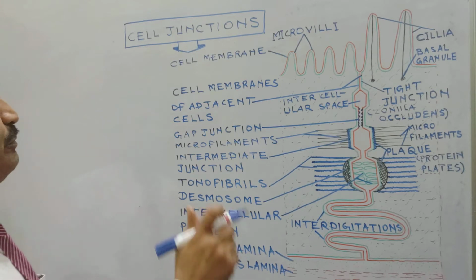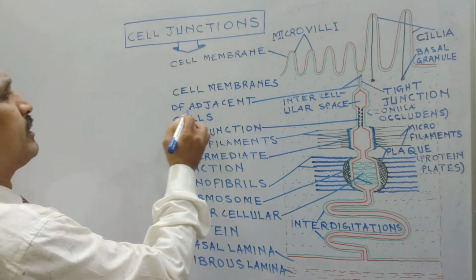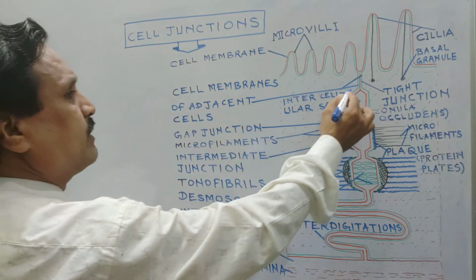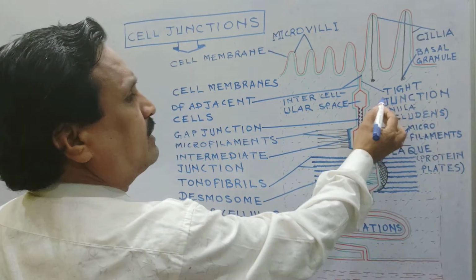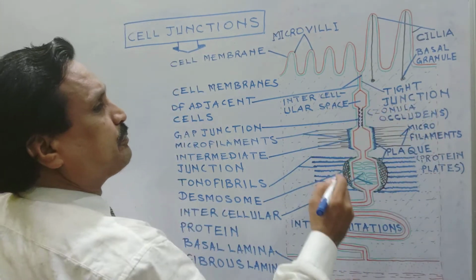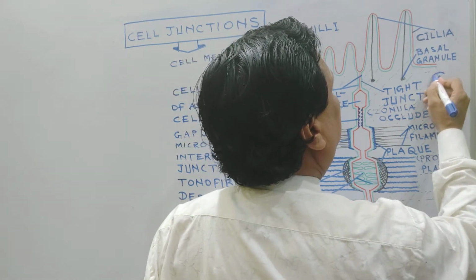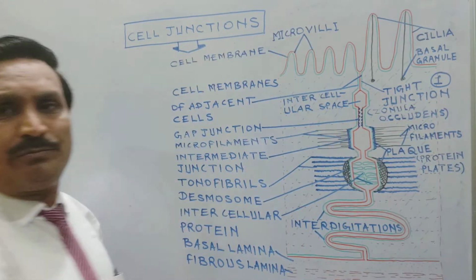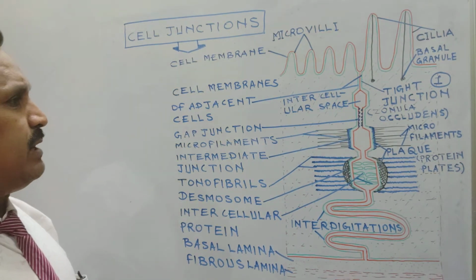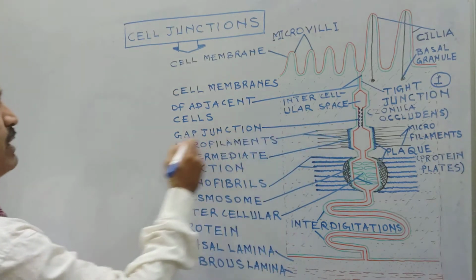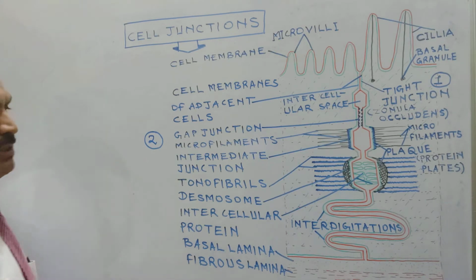First of all, have a glance. Here, tight junction is written. This is junction number 1, tight junction, and then junction number 2, gap junction.